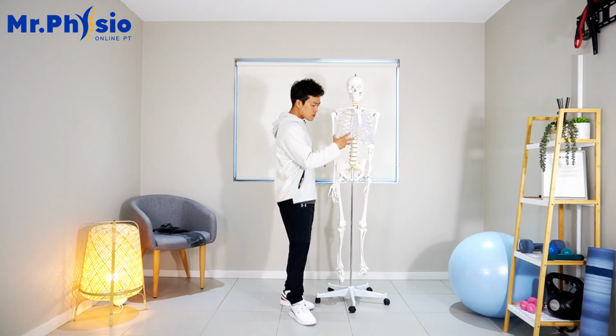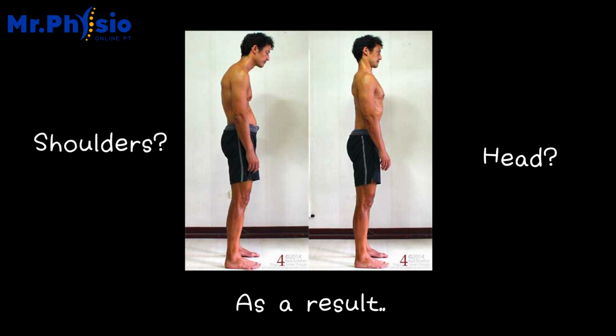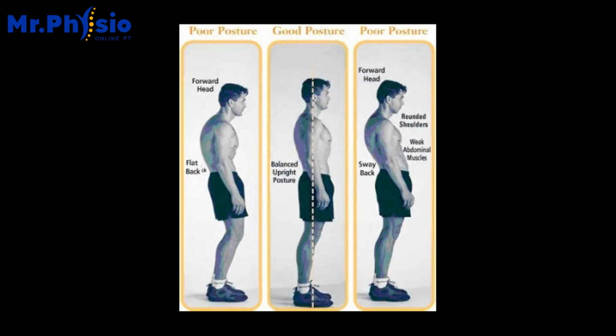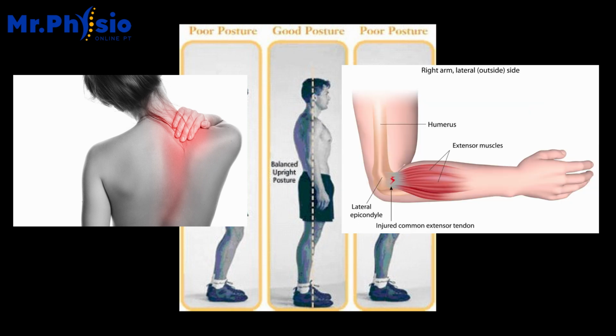So if you don't have the strong support that bolsters the ribcage, your ribcage is likely to go down like that. And your shoulders and your head are likely to come forward. That's called rounded shoulders, forward neck posture. And it can give you a lot of neck pain, shoulder pain, and even elbow pain.